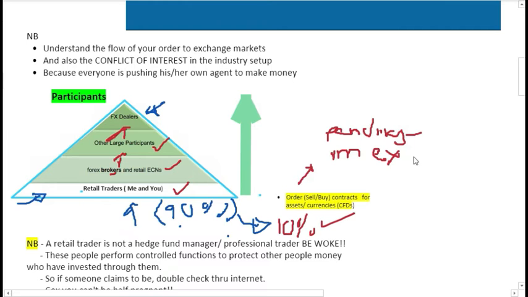Very important stuff. Pending orders, you are saying, I want to buy or sell at this price, maybe at 1.25, but maybe the price right now is at 1.21, right? Please be careful. So we are saying you don't want an immediate execution of the order.